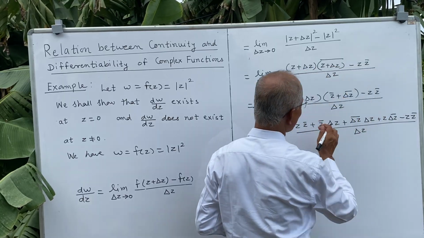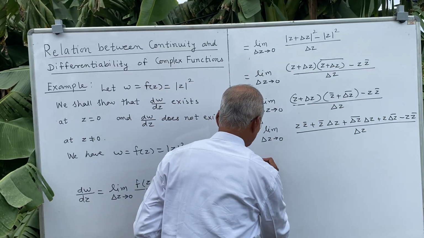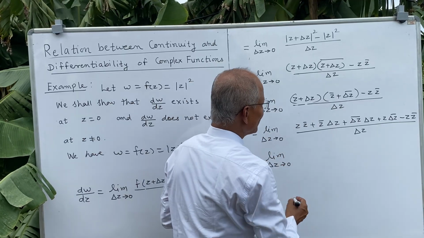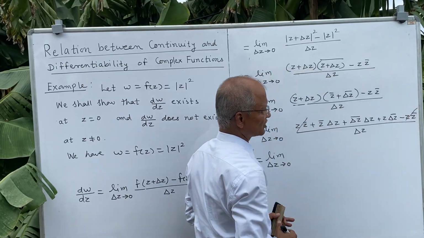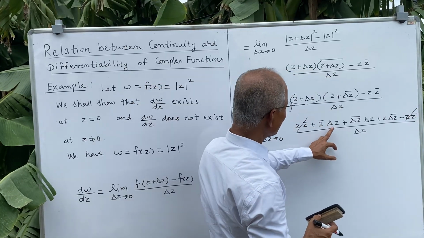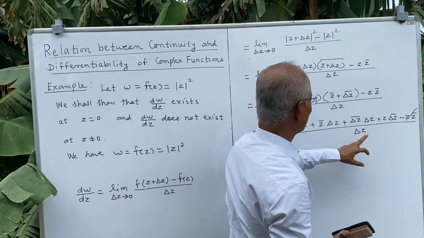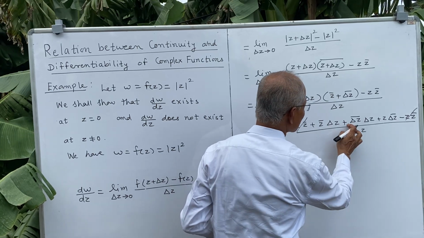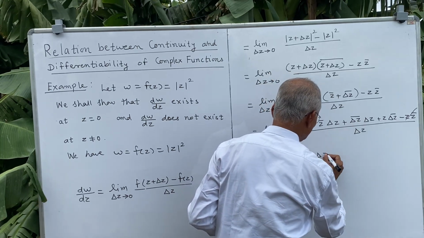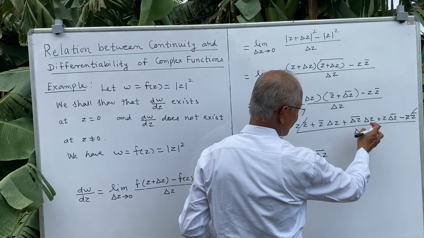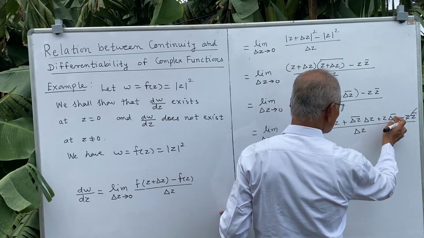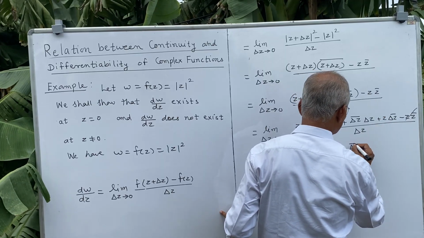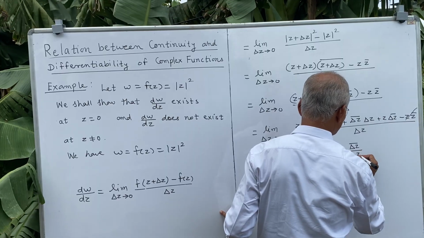You can check this product. Further, the first and the last terms cancel, positive and negative, and dividing the remaining terms by delta z each, this becomes z bar plus delta z bar, plus z times delta z bar divided by delta z.